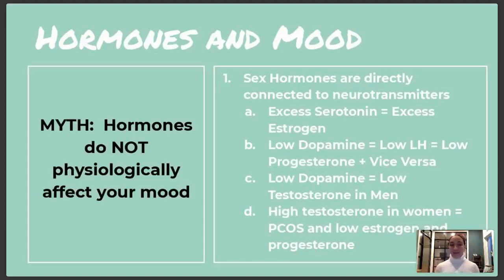And vice versa, if you've been on an antidepressant for many years and maybe you have excess serotonin because of that, you can easily have excess estrogen. And that could be the big culprit why you can't lose weight or why your periods are so painful.